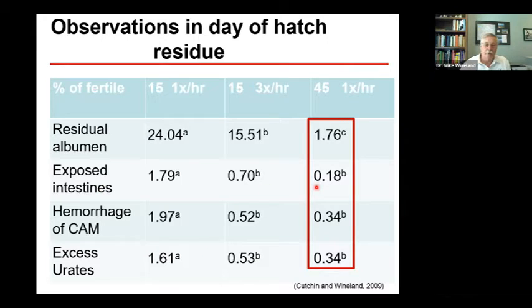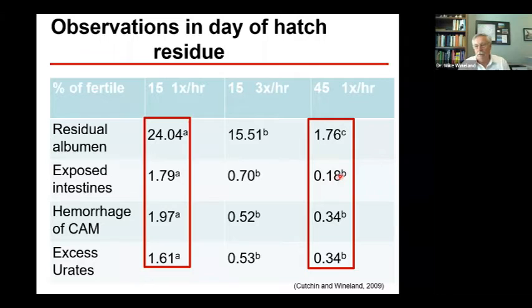The incidence of exposed intestines was noted to be different. You can see here a significant increase at 15 1 time per hour compared to the 45 degrees. Increased incidence of hemorrhaging of the chorioallantoic membrane was noted also, and also the incidence of excessive urates.